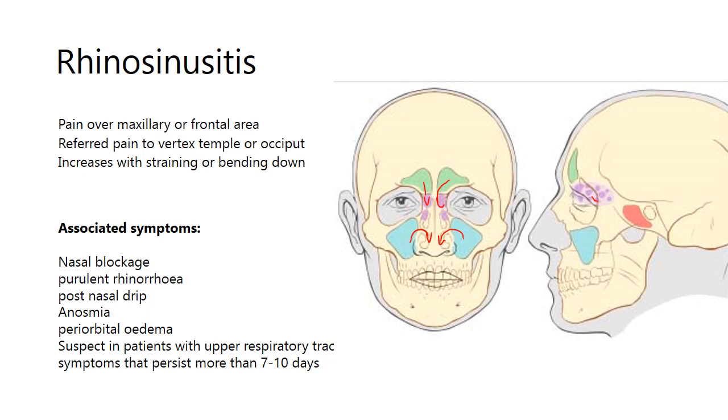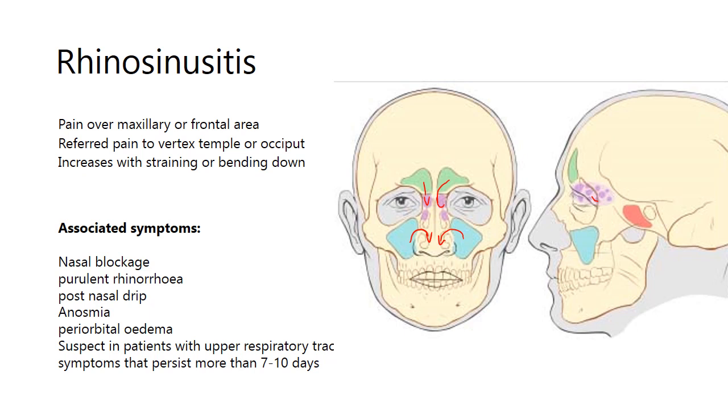Patients might complain of a sensation of mucus dripping down the back of their throat, and actually on examination, as we examine the mouth and oropharynx, we might be able to visualize some discharge down the back of the nose into the posterior oropharynx. They are likely to complain of anosmia. Well, anosmia means an absence of sense of smell.